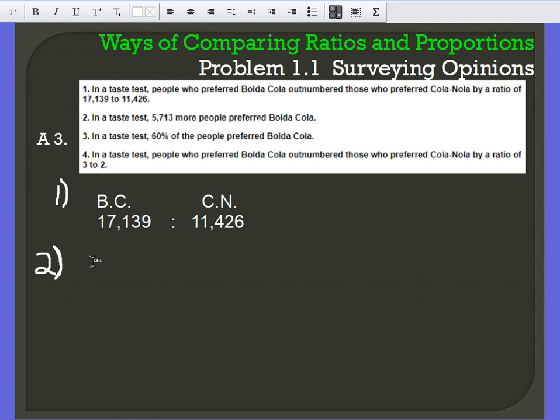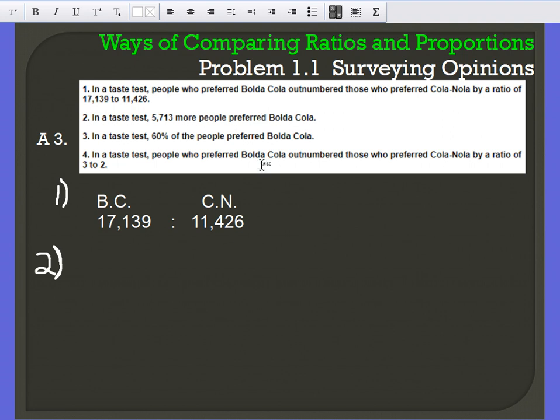Thank you. So if we're going to see if number 2 also represents this same set of information up here, the same data set, what we're going to do is first break it down. The statement says that 5,713 more people preferred Bolda-Cola. 5,713 more than what, right?